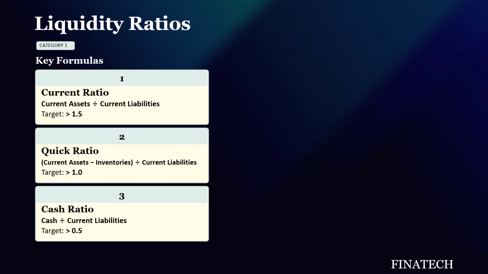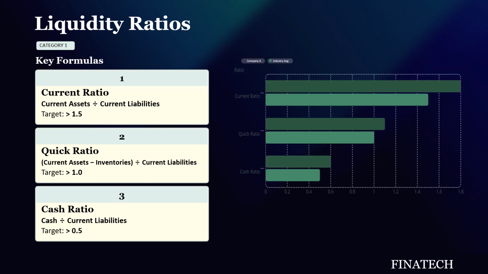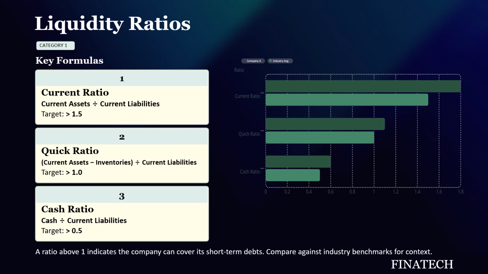Target must be higher than 0.5. This is a simple graph to show it. A ratio above 1 indicates the company can cover its short-term debt. Compare against industry benchmarks for context.